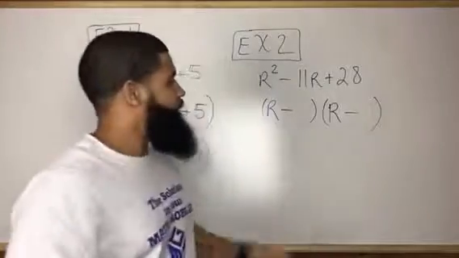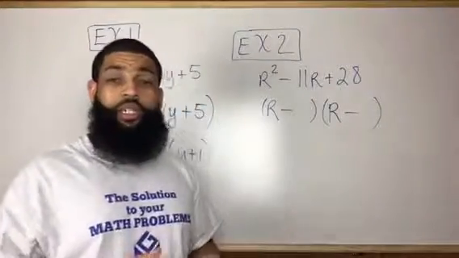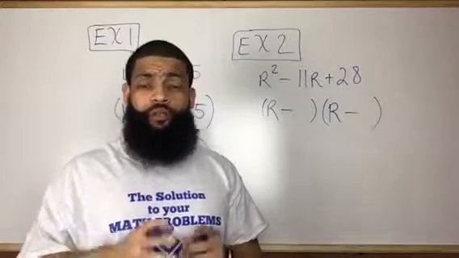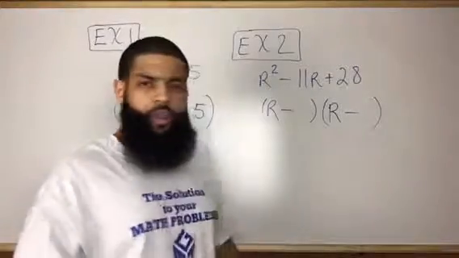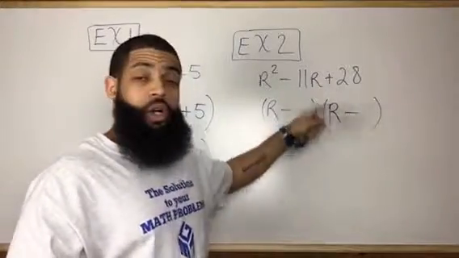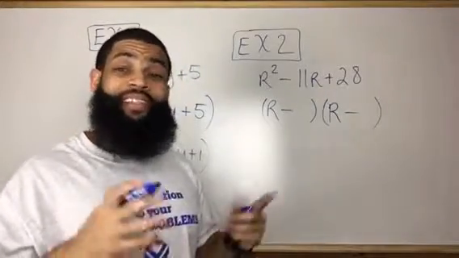Now, when we look at 28, 28 has several factors. However, the only two factors of 28 that we can add together to get 11 are 4 and 7.